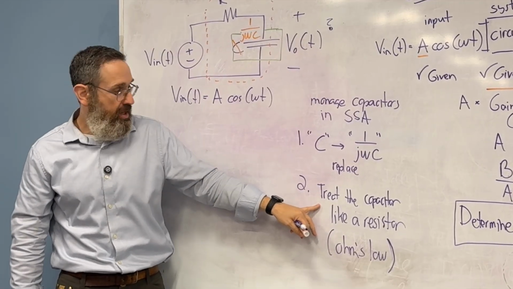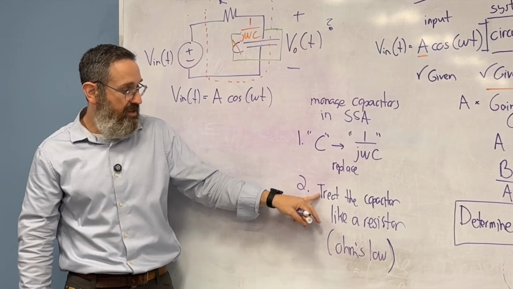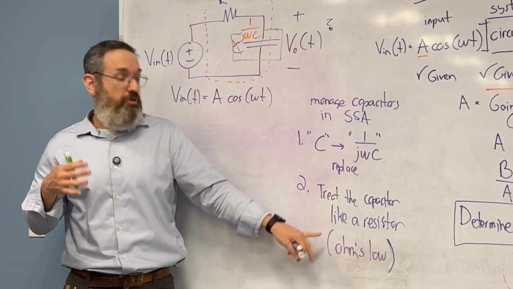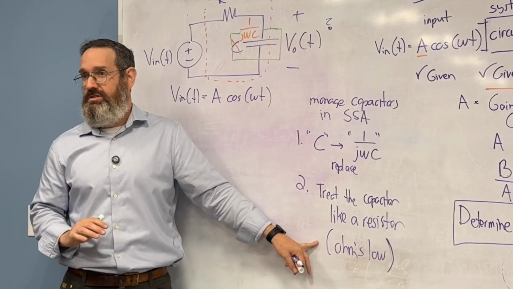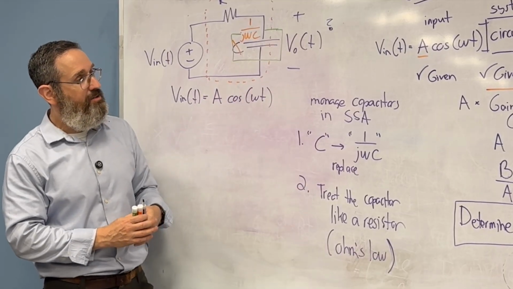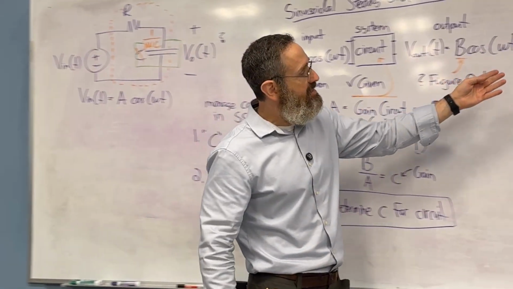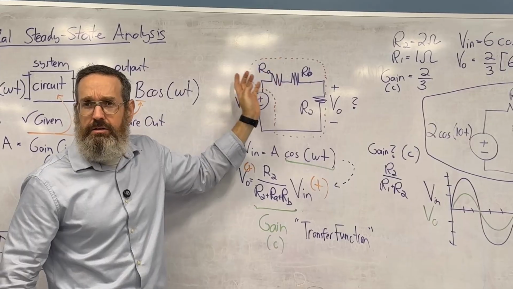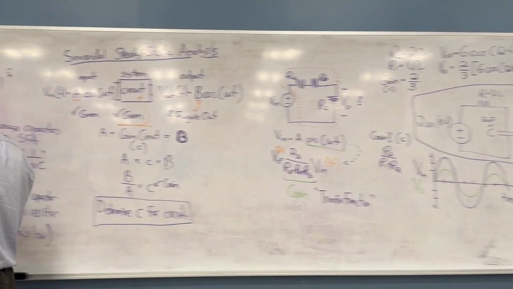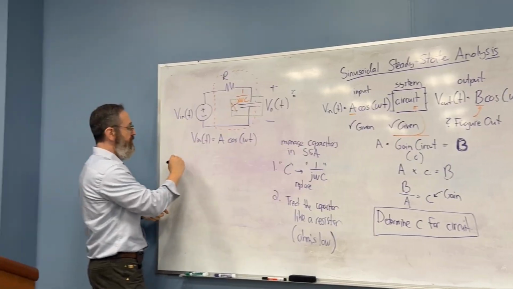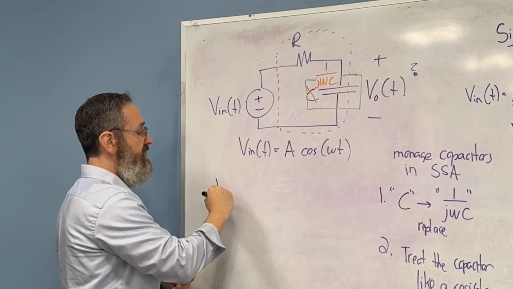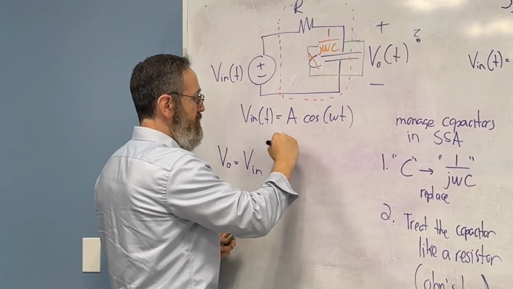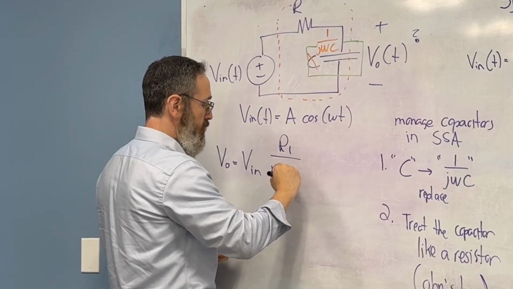That is its resistance value. That's what this means. When I say treat the capacitor like a resistor, what do you mean, it's not a resistor, it's a capacitor? I mean, from the perspective of Ohm's law, treat it like it's a resistor. So we're back to the situation we had here. There are just two resistors. The equation for a voltage divider would be V out is equal to V in times R sub 1 over R sub 1 plus R sub 2.